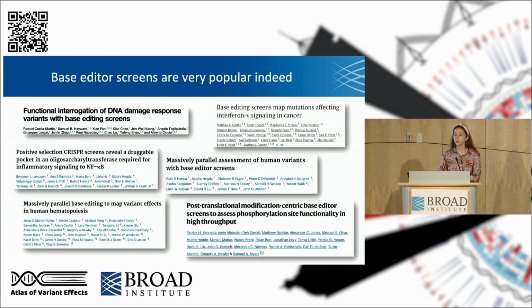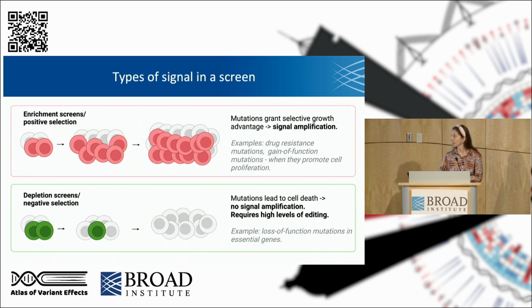This slide just illustrates that since their arrival, base editors have been used with great success in multiple research papers, which led to discoveries of new things and answering many interesting biological questions.